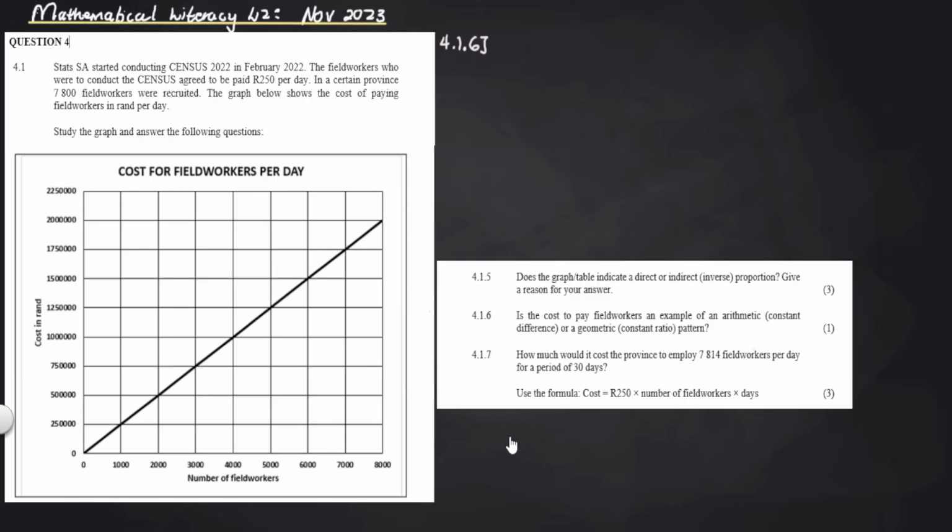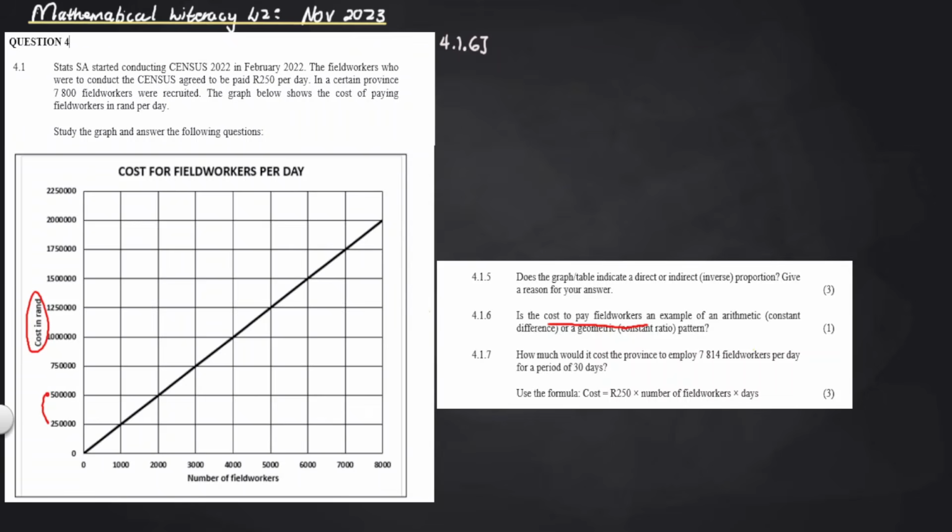So in this case, you're asking us about the cost to pay field workers, so we'll have to pay attention here and check our values. So this is 500,000 or 250,000. So taking a difference, we're gonna start checking if it's an arithmetic or constant difference.